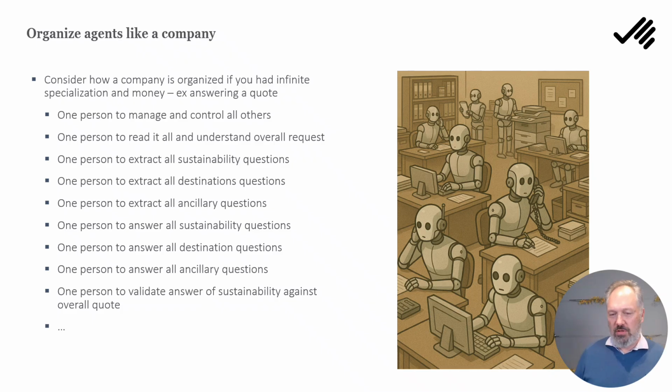Then one person is responsible for reading a potential RFP from top to bottom, understanding the entire thing, saying what it's about in general, and maybe also answering questions about the RFP on a very high level.